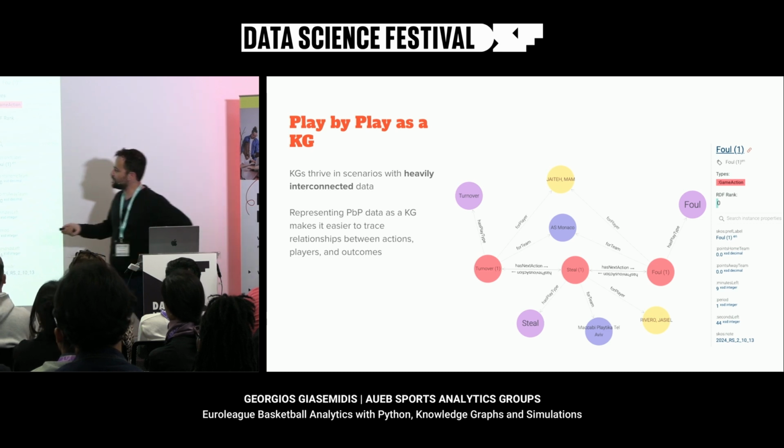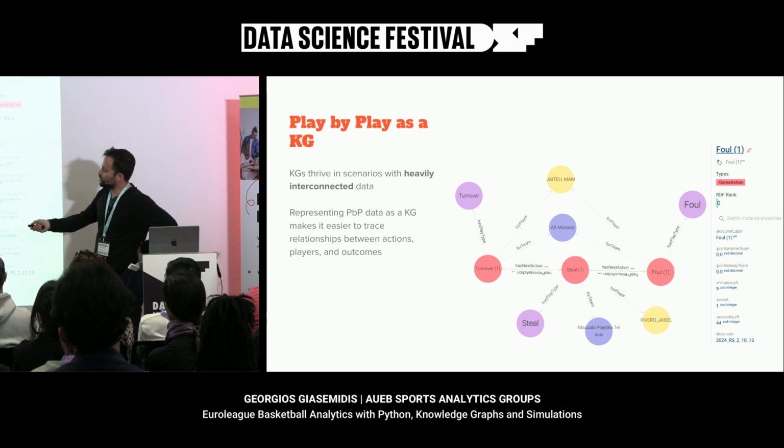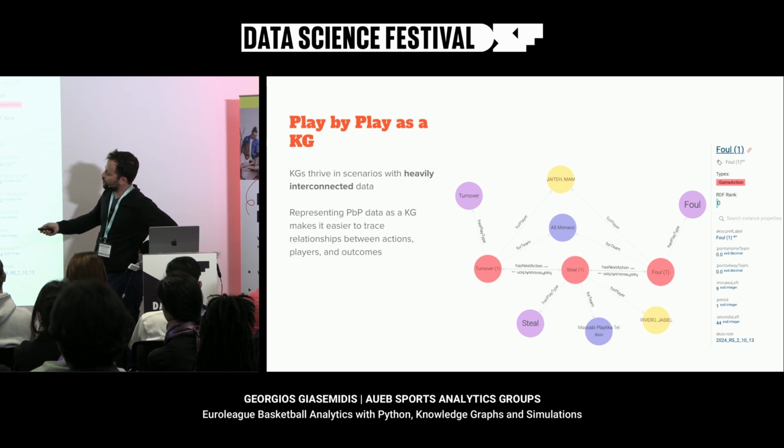And we can see here, you can follow the action of a game. So at some point during the game, there was a turnover. And this turnover was done by this player who plays in this team. Okay? Actually, the turnover happened because the next action was a steal, someone stole the ball. Who stole the ball? This player who plays in this team.